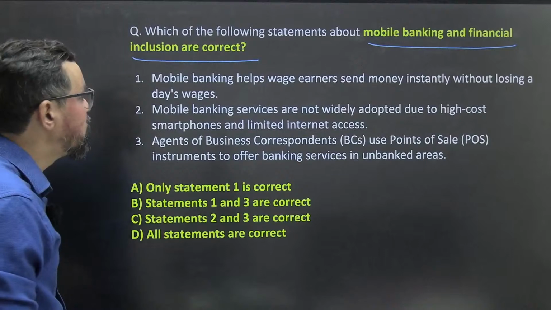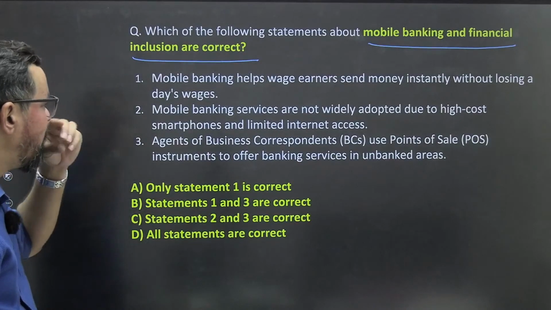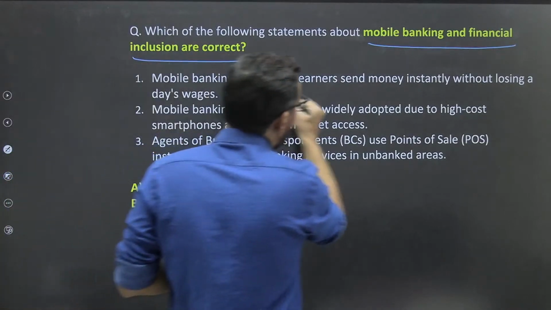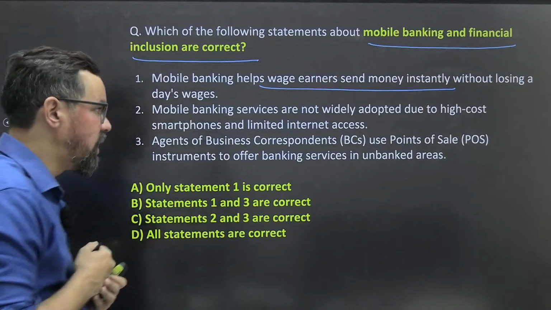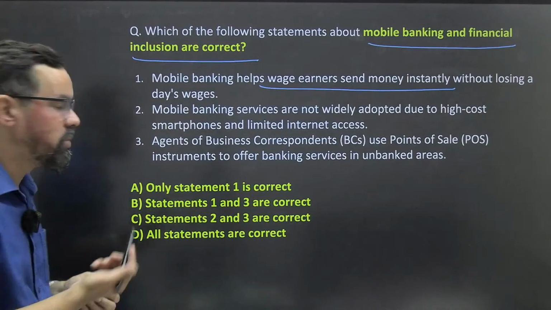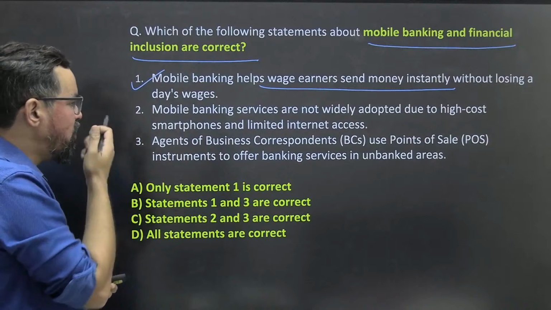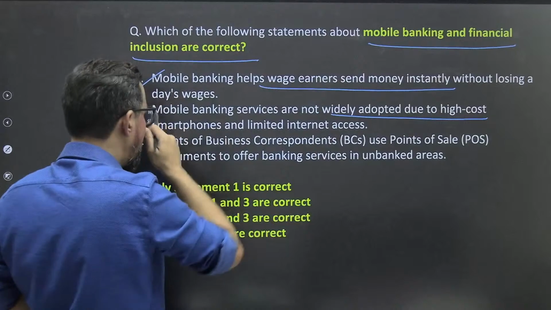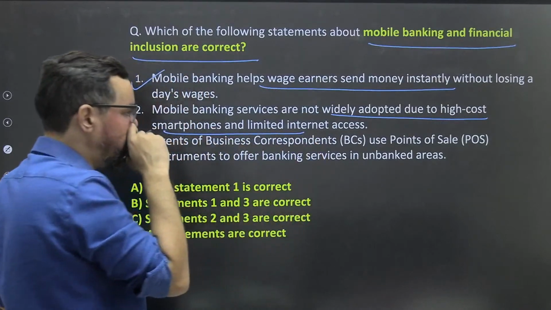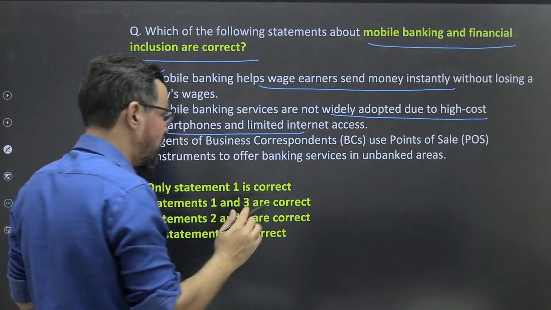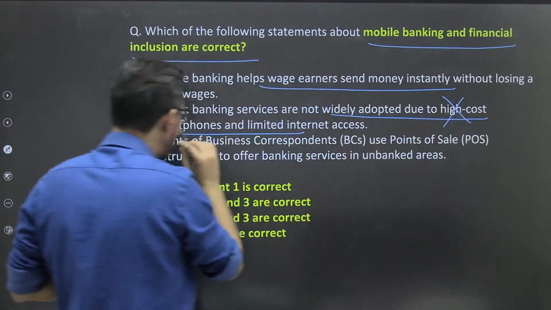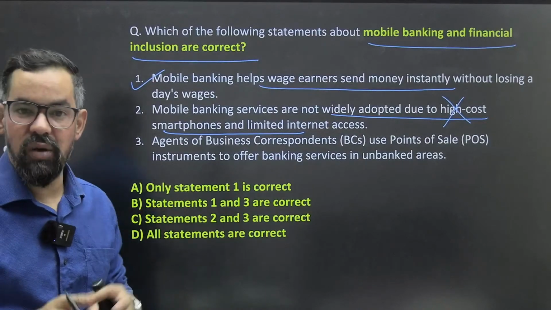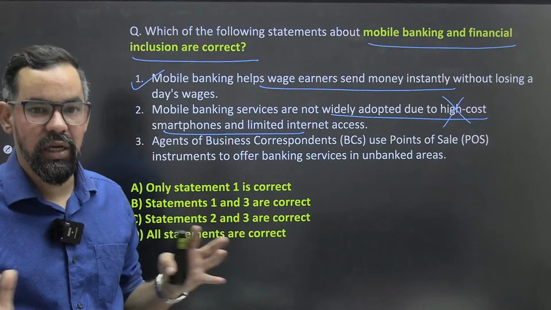Which of the following statements about mobile banking and financial inclusion are correct? Mobile banking helps wage earners send money instantly without losing a day's wages. Absolutely right. Mobile banking services are not widely adopted due to high cost of smartphones and limited internet access. This seems wrong. Nowadays smartphones have become very cheap, and we have a wide range of internet access throughout the country.